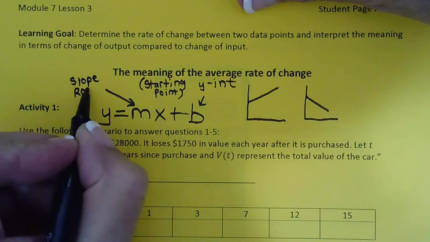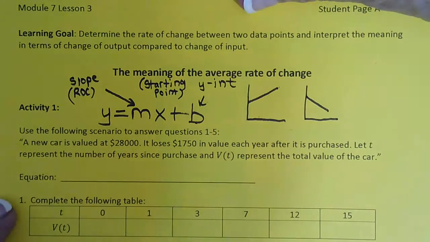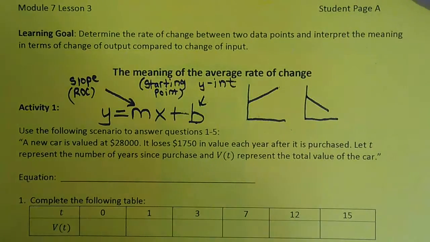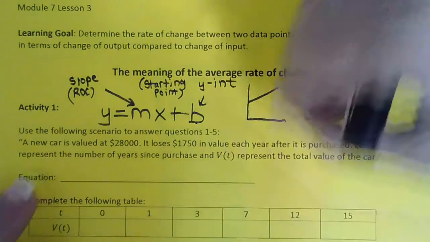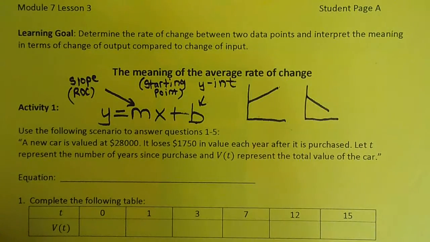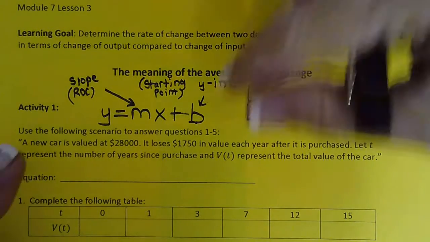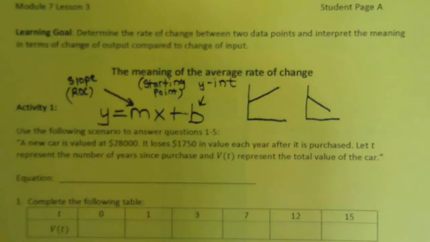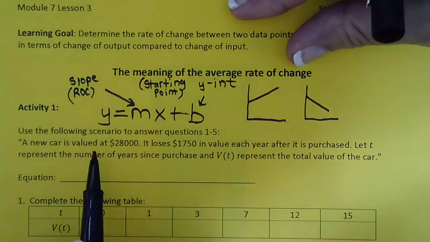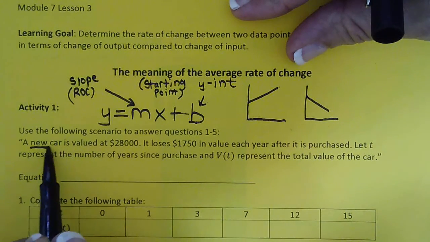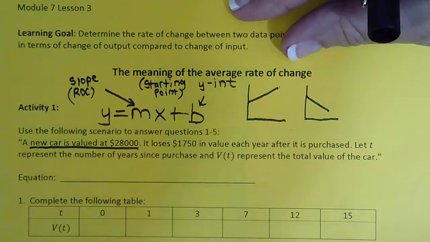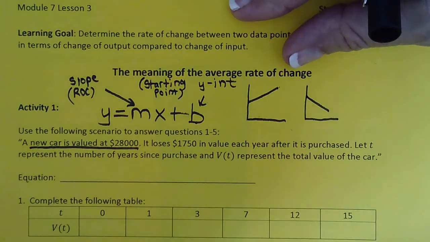So anytime I start a word problem and I see, oh, look, they're going to ask for an equation, as I read through the word problem, I start looking for those things. Oh, what was the value of the car at the beginning? Oh, how fast is this value going up or down? Because those are the things I need for my equation. So when I see this, I go, oh, there's a starting point. That has to be B.